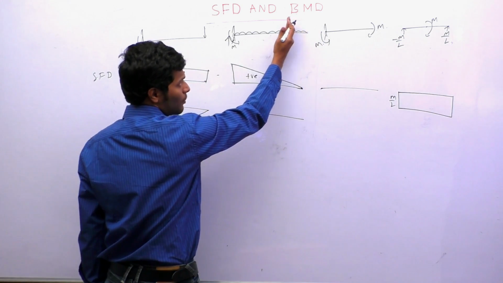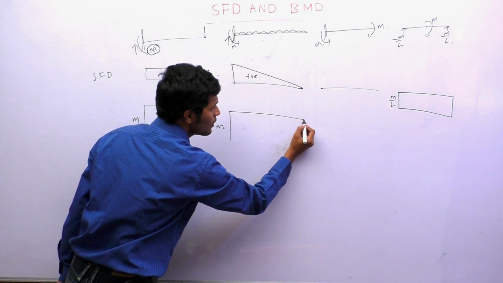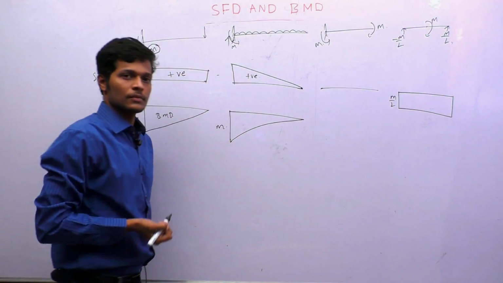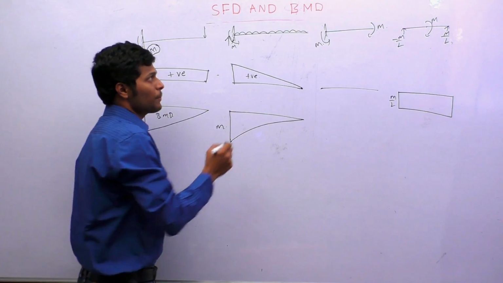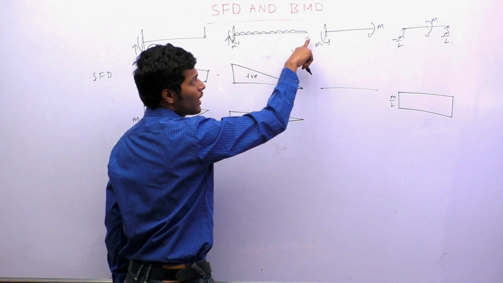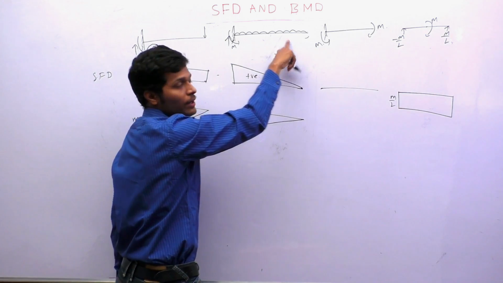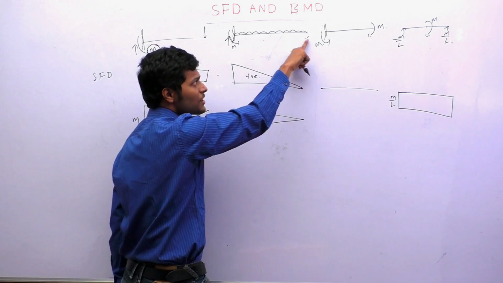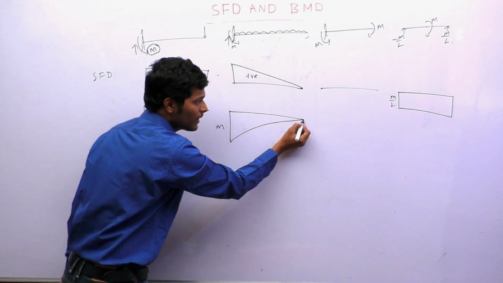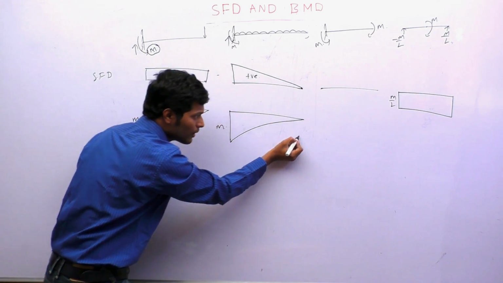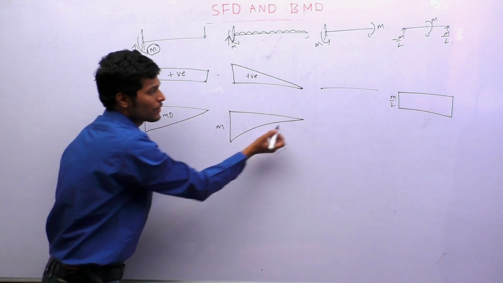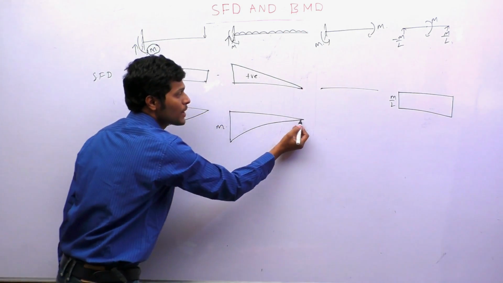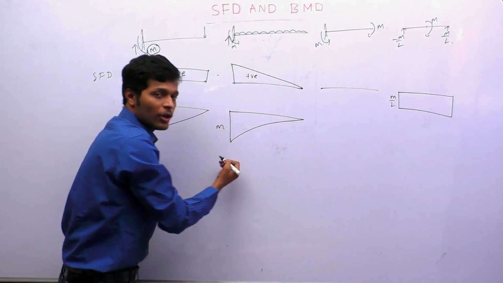It is looking like wx square, so it is a concave parabola. Suppose there is a couple here, then you will have M minus wx square, some constant minus wx square, then you get a vertical line and a convex parabola. Here there is wx square by 2, which is the mx square format, so we are getting a concave parabola.